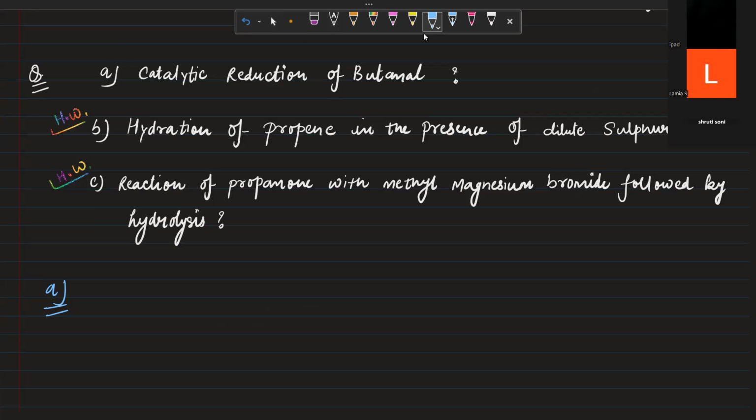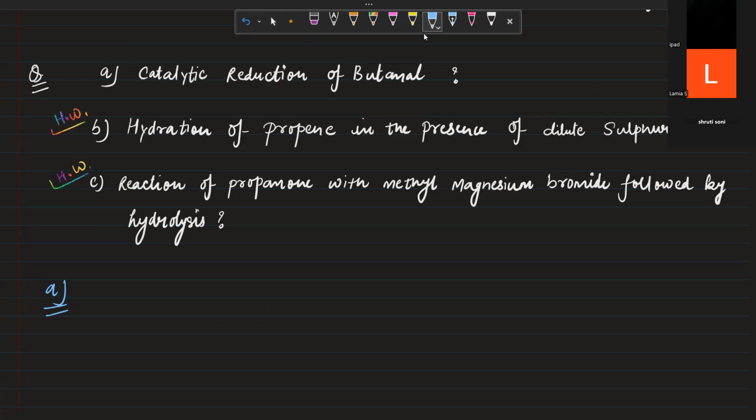How can we approach that question? Catalytic reduction. Okay, reduction means we would have to use a reducing reagent. There are a few different types, right? There's sodium borohydride, and what's the other one?